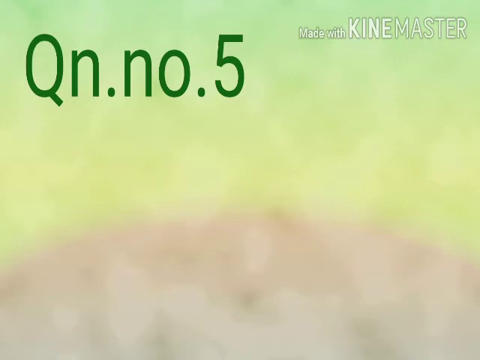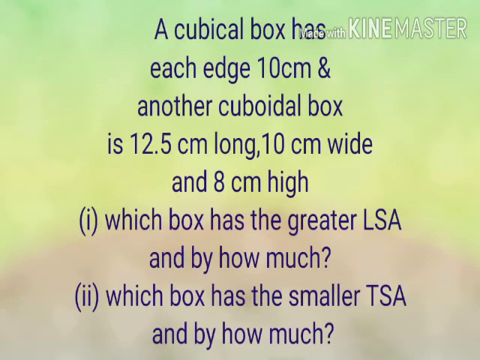Now question number 5. A cubical box has each edge 10 centimeter and another cuboidal box is 12.5 centimeter long, 10 centimeter wide and 8 centimeter high. Then the first sub question is, which box has the greater lateral surface area and by how much?